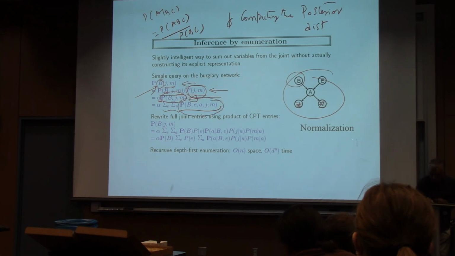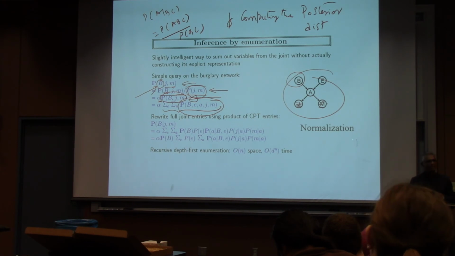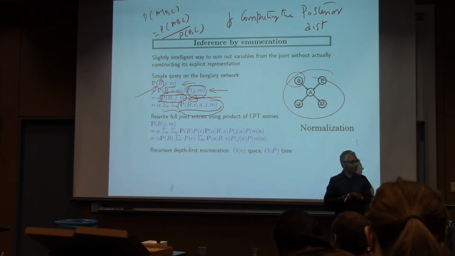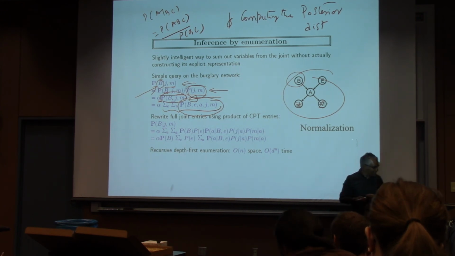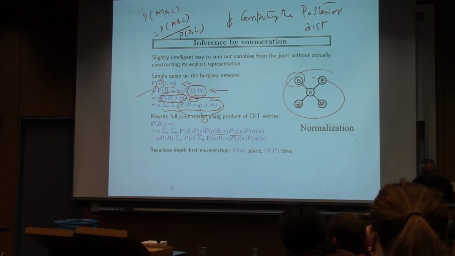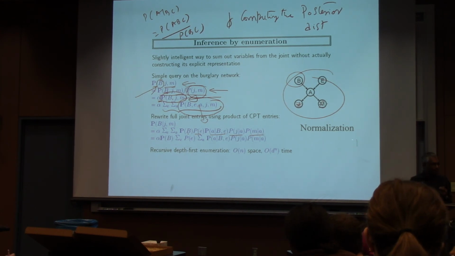Now this is stuff that you know and love. This is a joint distribution entry. Every joint distribution entry is nothing but a multiplication of the numbers from this network. So I will continue and say this is nothing but P(B) P(E) P(A | B, E) P(J | A) P(M | A). I'm just using the network configuration.